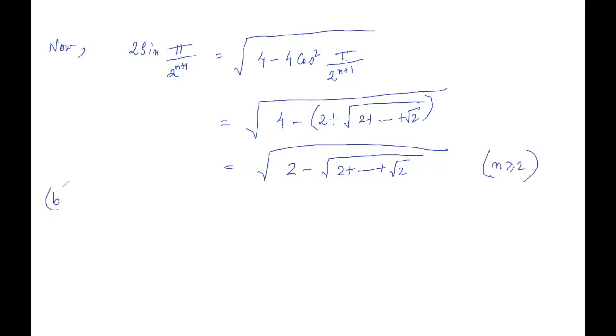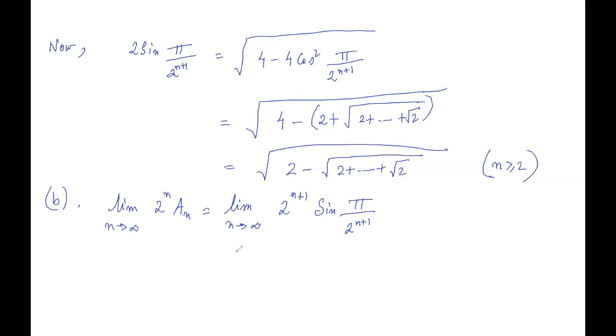Now for part B, which was a very easy one, the limit as n tends to infinity of 2 to the power n a_n is nothing but the limit as n tends to infinity of 2 to the power n plus 1 sine pi by 2 to the power n plus 1.